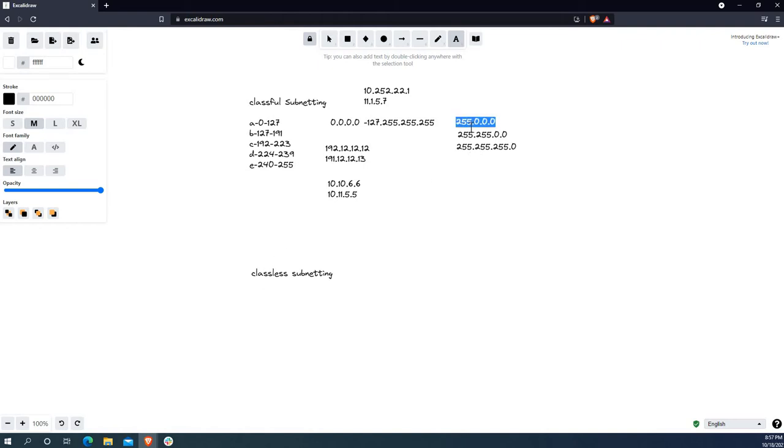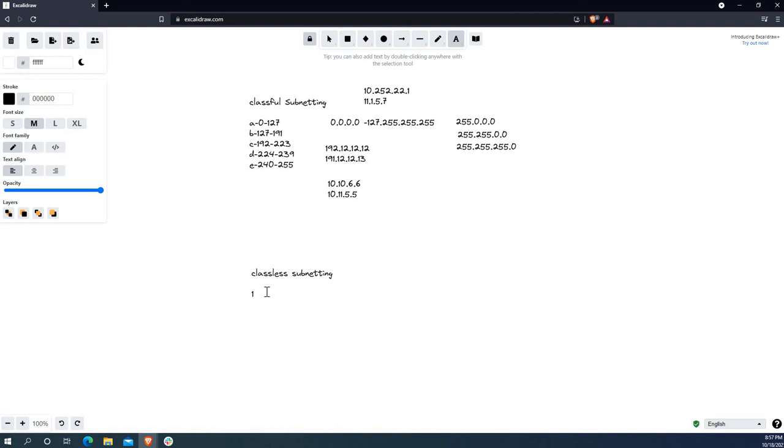When you have 255 in an IP address, that means all 8 bits of the octet are turned on. That's why it adds up to 255, right? So in classless subnetting, it uses that idea.